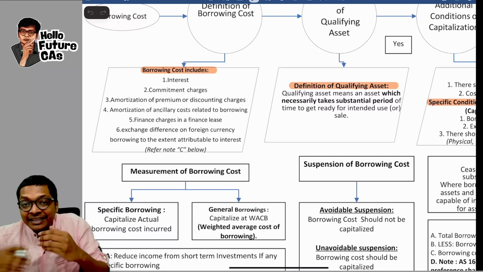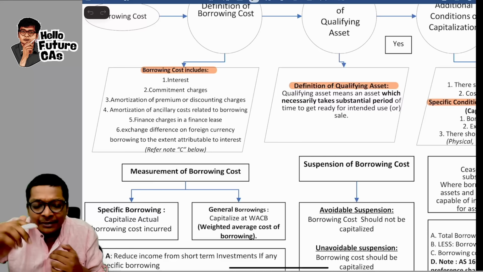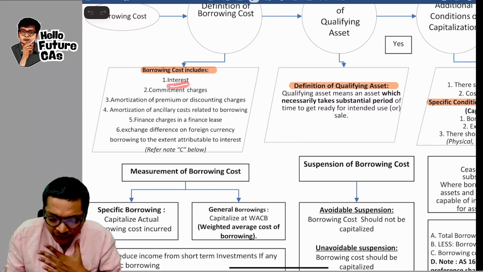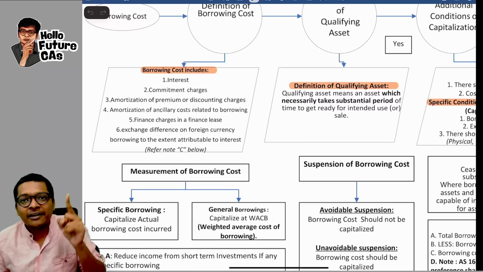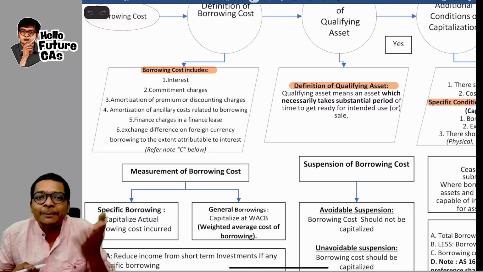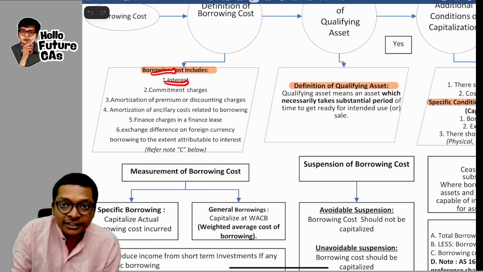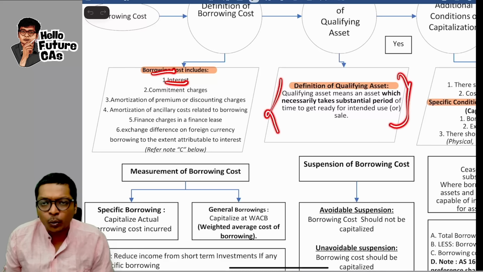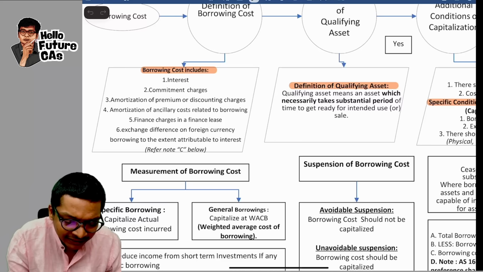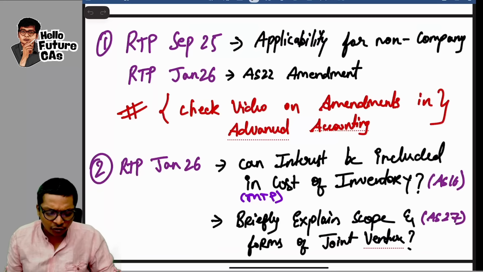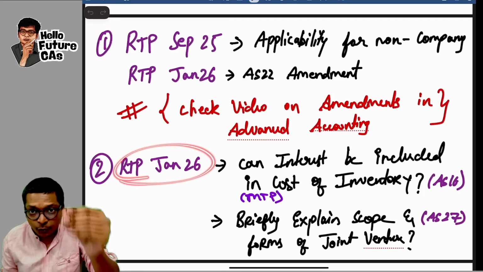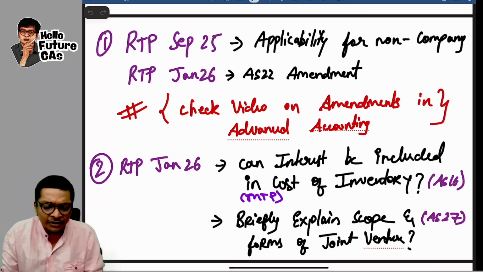So here, if inventory is taking substantial period of time and if that interest is incurred for that inventory, then we will capitalize. For example, wine manufacturing companies. So if this comes in exam, you will write, yes, borrowing cost includes interest, write the definition of qualifying asset and then elaborate over there, guys. If you want the exact answer for that, take the RTP Jan 26 latest paragraph is over there.